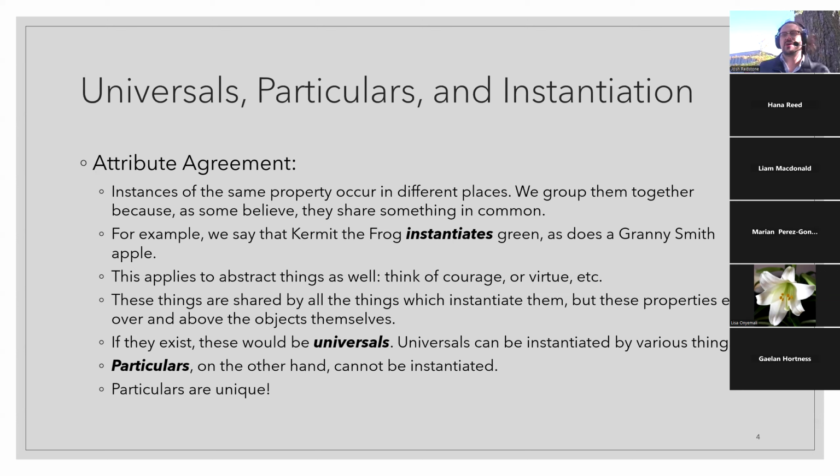So universals are these things that exist over and above the objects which instantiate them, and they can be instantiated by various objects or various beings. Particulars cannot be instantiated. Particulars are what instantiate the universals. So particulars are kind of unique in that sense.